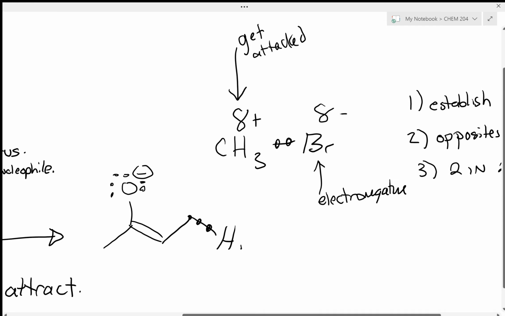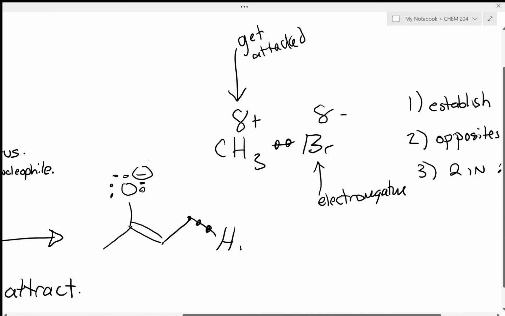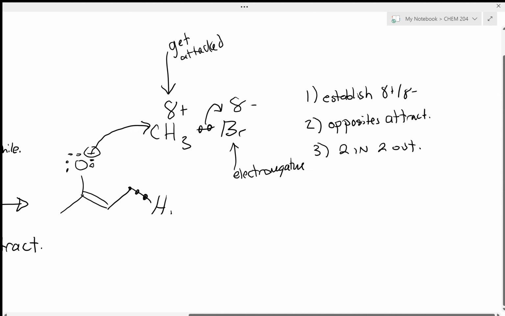Now the question is, okay, well, is this minus just going to directly attack this CH3 and go 2 in, 2 out? That is a potential reaction that could occur. So now we can say, okay, well, one of the potential reactions that could occur is that, yes, that oxygen could directly go and it could directly attack that CH3, and then the bromine could go 2 out and go bromine minus.